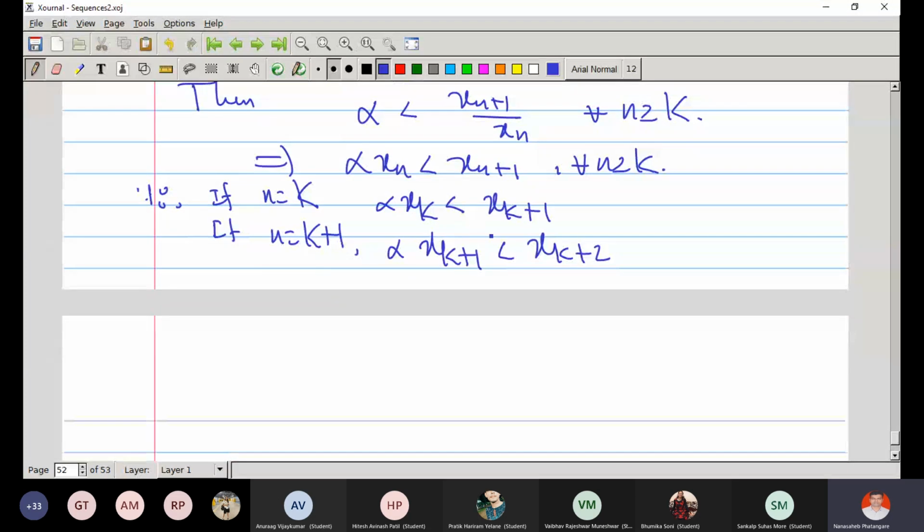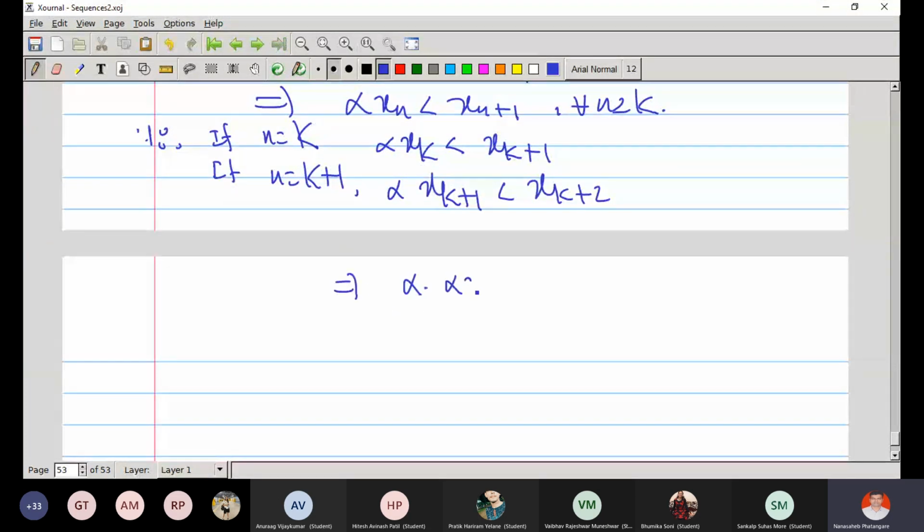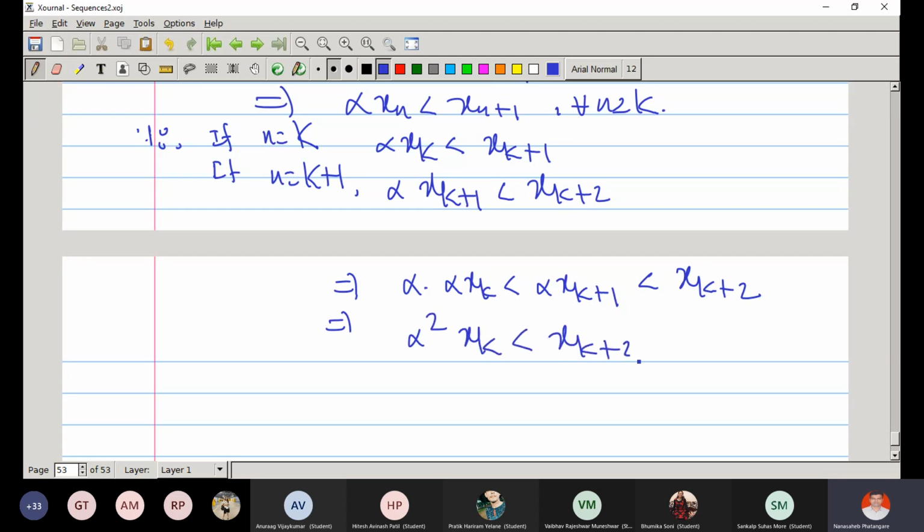Therefore, can I say that alpha times alpha xk is less than alpha times xk plus 1, which is less than xk plus 2. Therefore, alpha square times xk is less than xk plus 2. Is whatever I have written correct? Yes, sir.